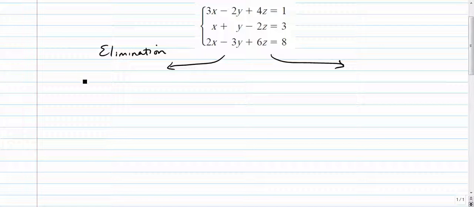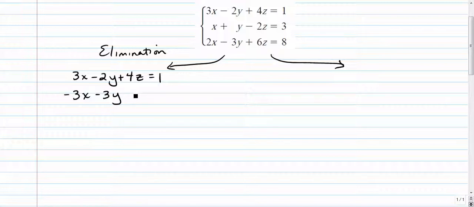So what I'm going to do is maybe start by eliminating the x's in the top two equations. I'm going to rewrite the top one, and I'm going to multiply the middle one by a number that's going to create an opposite coefficient in front. That number is negative 3.